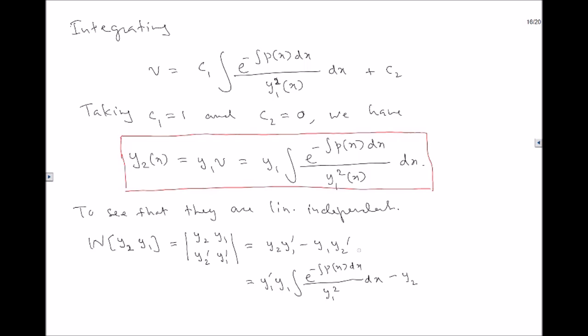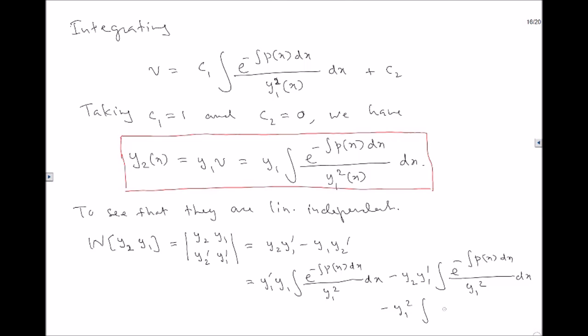How to take y2 prime? You have to take the product rule. If you take the product rule, you're going to get y1 prime times the integral of e to the negative integral of px dx over y1 squared dx, and then also, minus, we take the derivative of the second one, but it's an integral, so once you take the derivative, you get the function back.